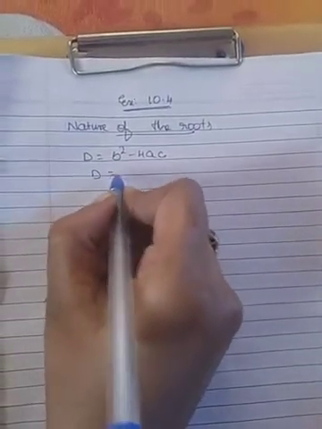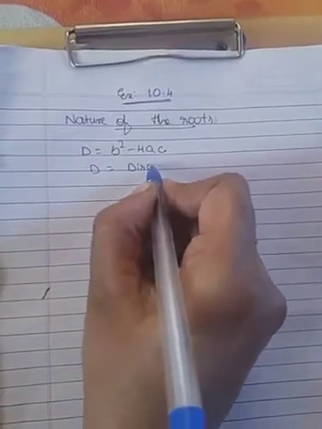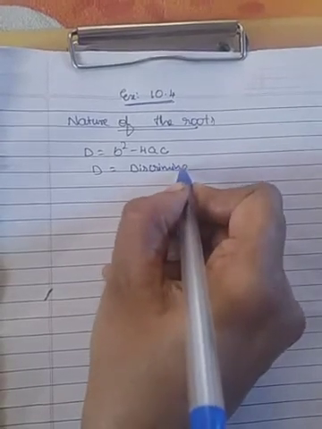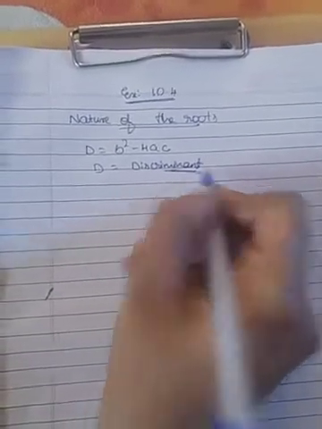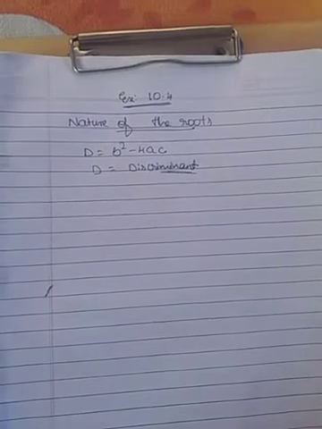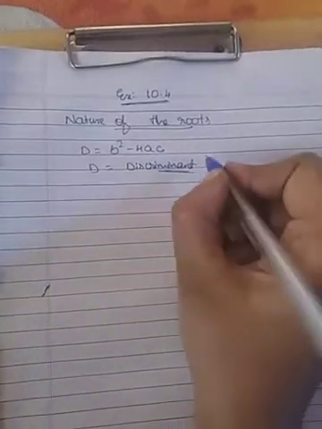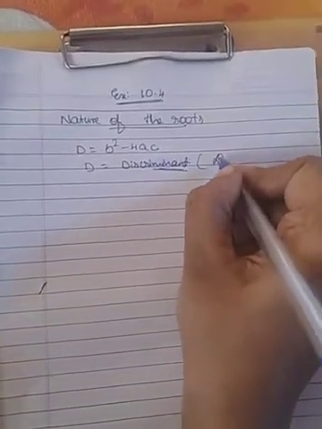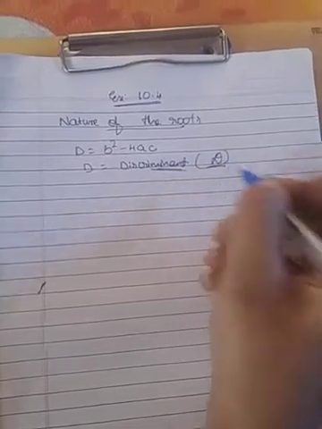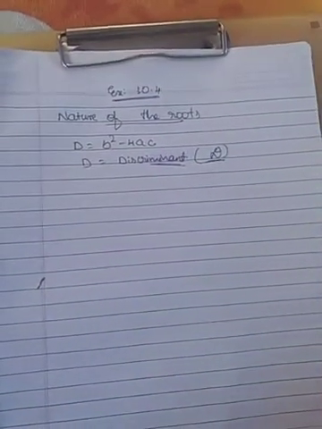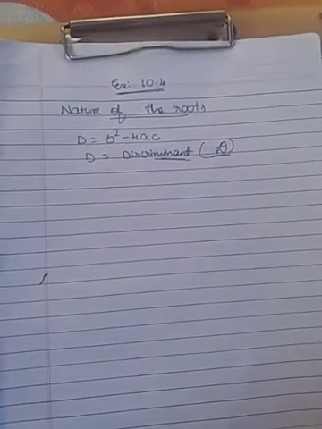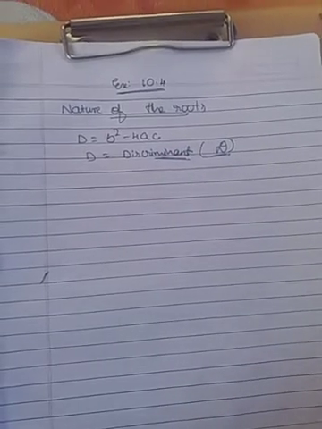Keep in mind, D stands for discriminant. It is also denoted by the Greek letter delta. So we can represent the discriminant as delta also. The formula is delta equals b square minus 4ac. Both are the same.